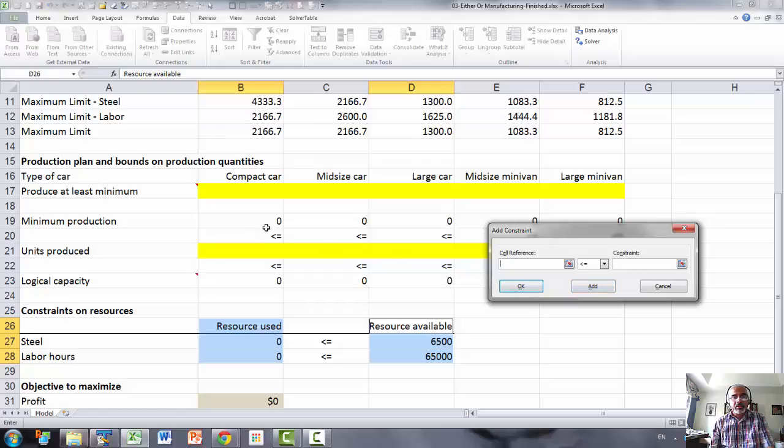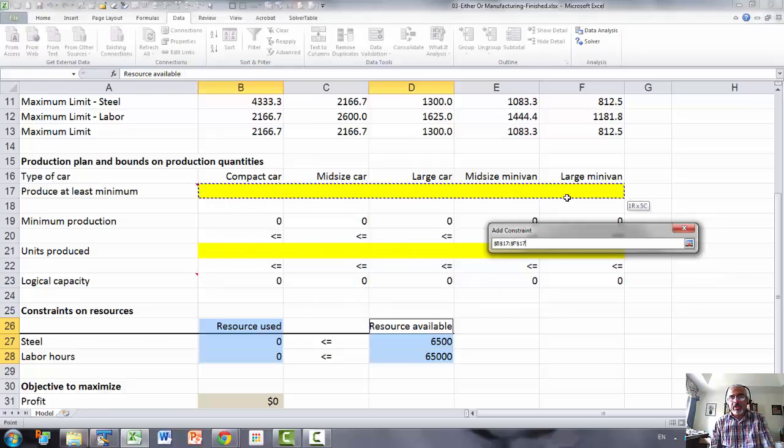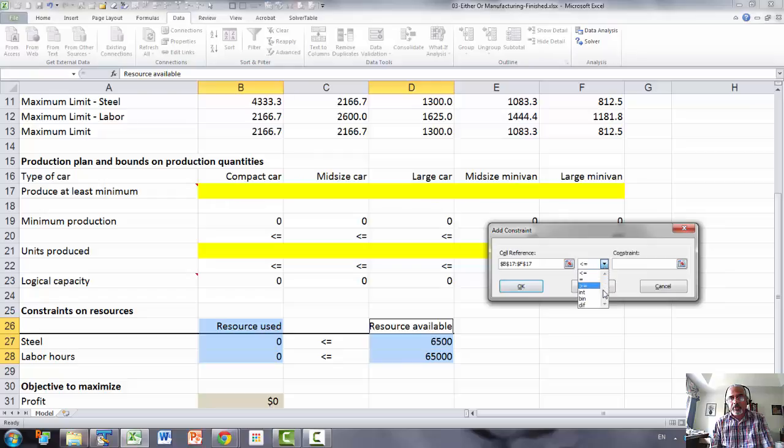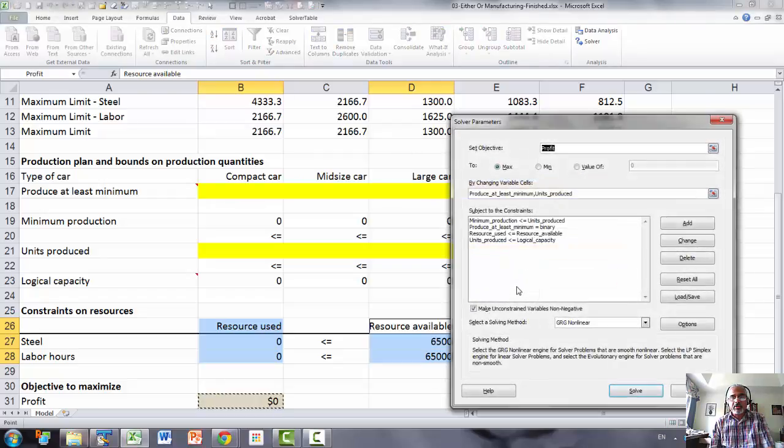Okay. And then we have that should be binary. Okay, so that's non-negative, simplex LP, and solve.